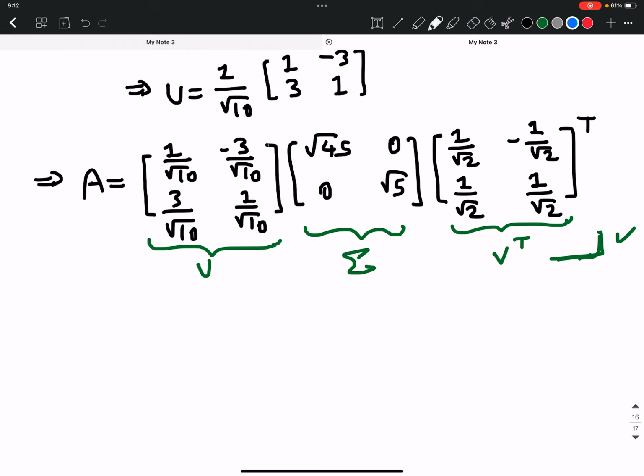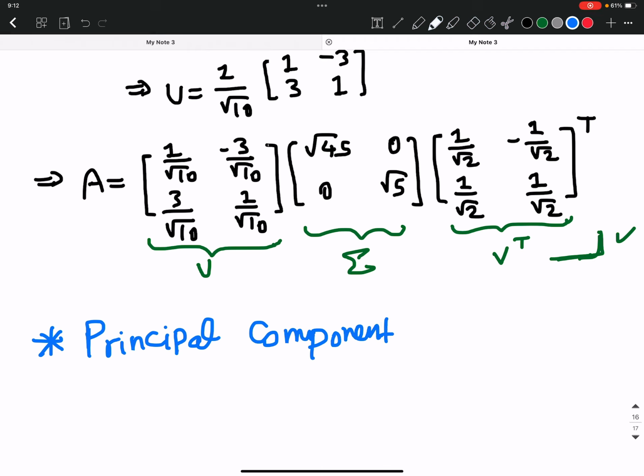So the next topic that I want to talk about is principal component analysis, or PCA.